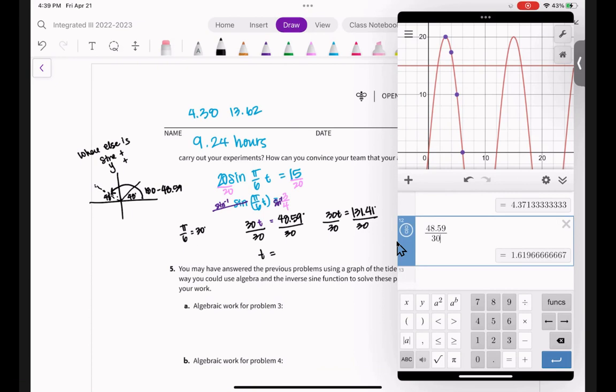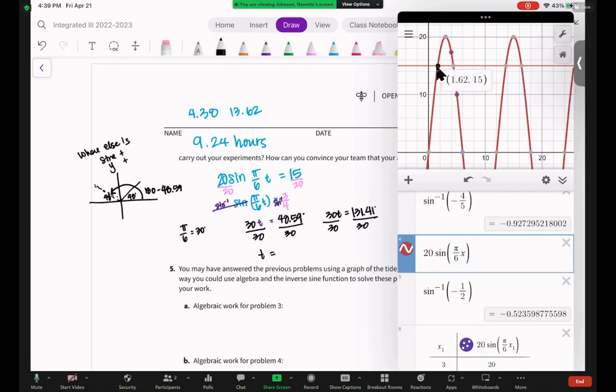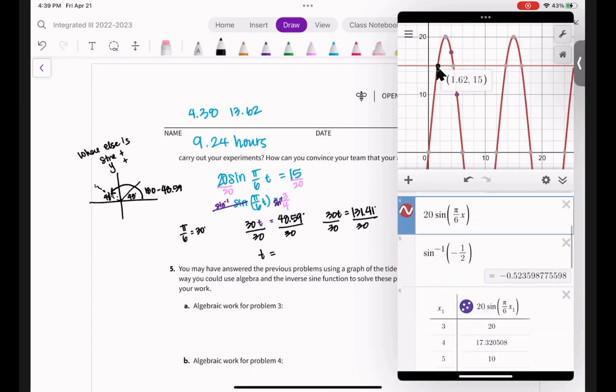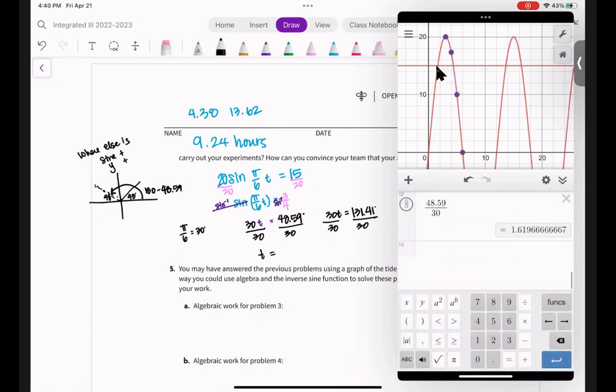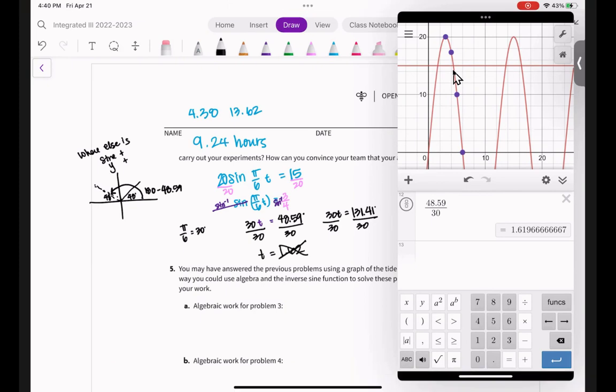So that's this point right here. I don't want 1.62, right? I'm not going to set it on the way the tide is going up. I want to set it after. So I want to go here. So I'm going to skip 1.62 and cross it out as not the answer.